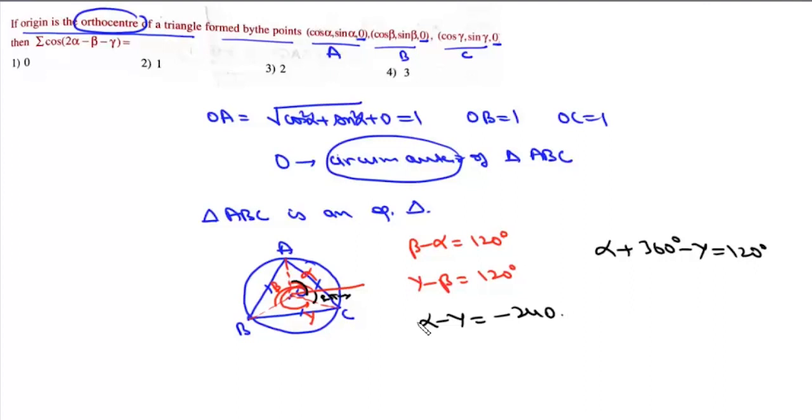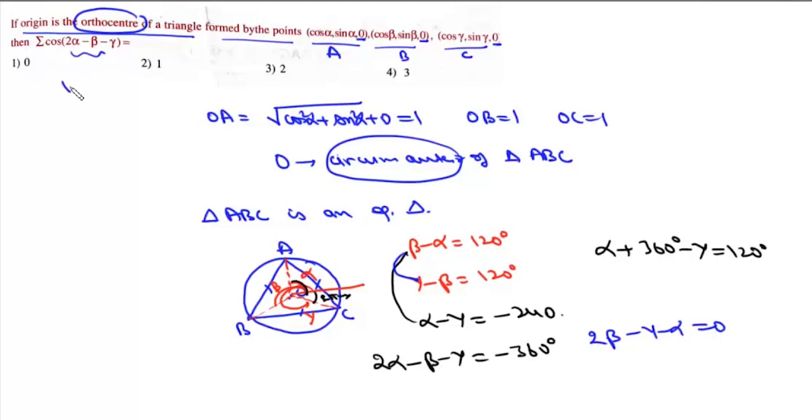Now if we subtract this first from third, we can write 2 alpha minus beta minus gamma will be equal to minus 360. If we subtract second from first, we'll get 2 beta minus gamma minus alpha will be 0. So all these angles will be either 0 or 360 degrees. So this cyclic summation will be simply 1 plus 1 plus 1, and that is 3, and that's your option 4.